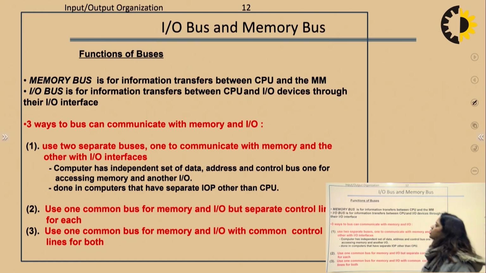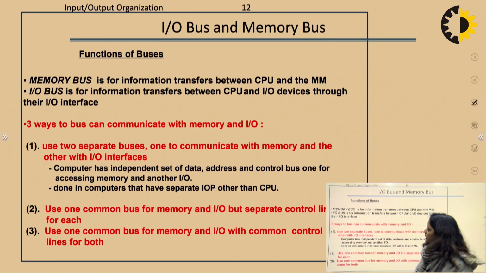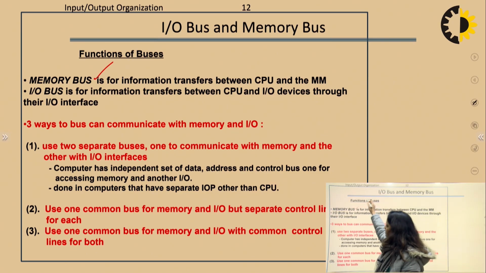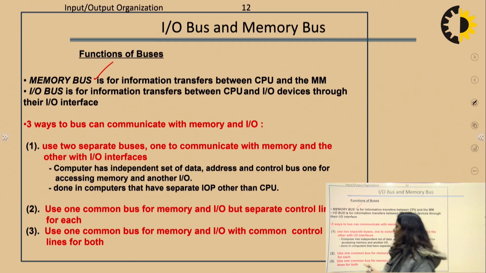Similarly, we have an input-output bus, used for information transmission between the CPU and the input-output device. When data transmission occurs between memory and the CPU, we dedicatedly name it a memory bus. Whenever data transmission occurs using all three buses, address bus, control bus and data bus, we name it an input-output bus.